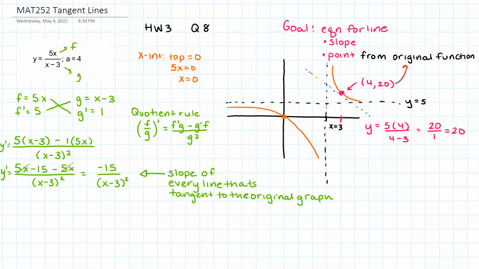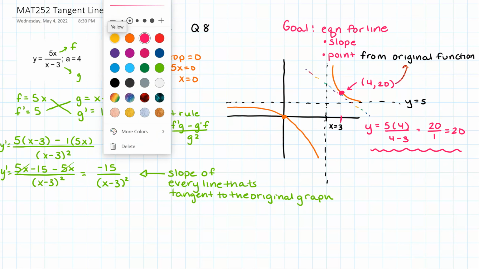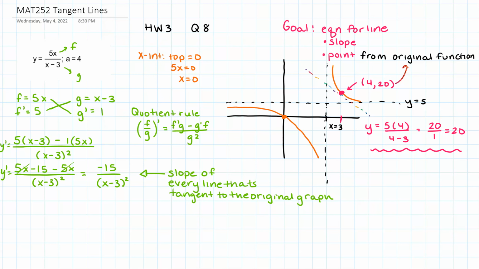But now let's get back to our problem. Our problem had x equals 4, right? That's what we did over here. So to find the slope when x equals 4, what I need to do is plug in x equals 4 to this function.